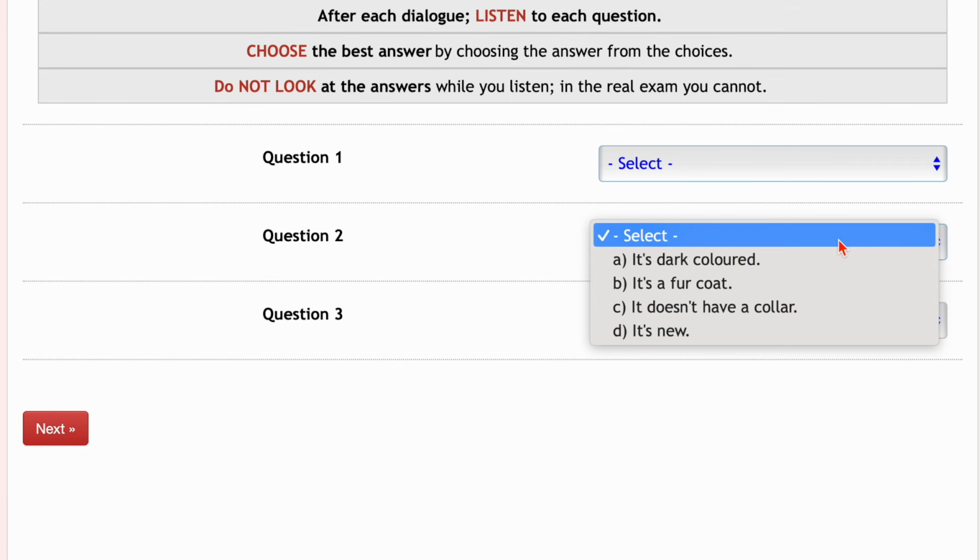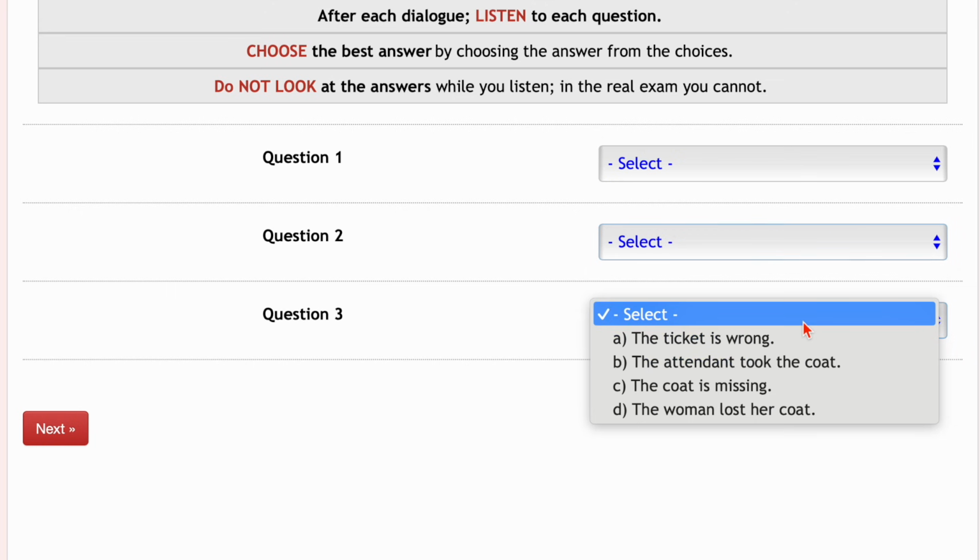What does the woman's coat look like? Question 3. What is the problem?